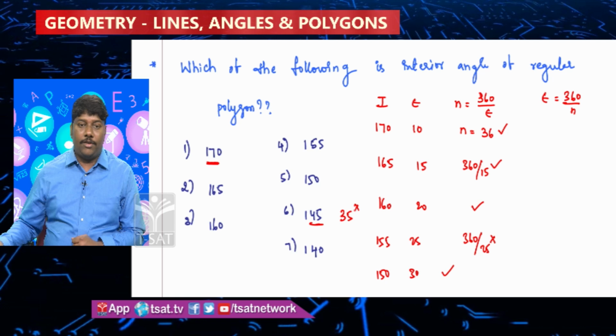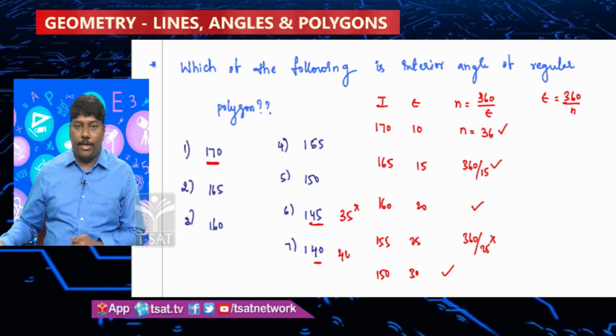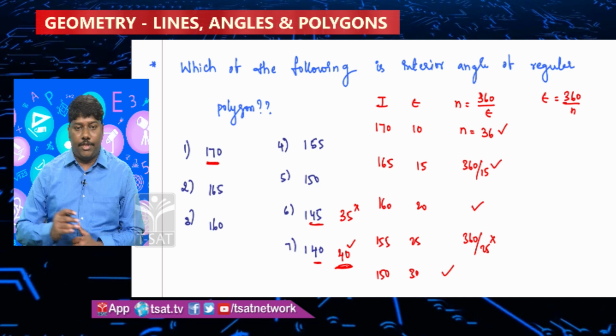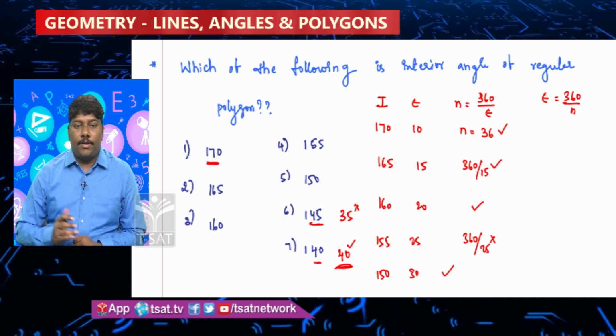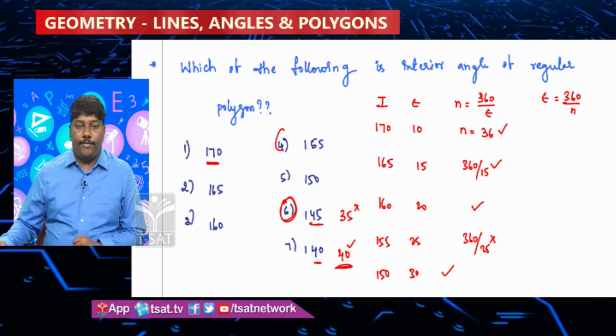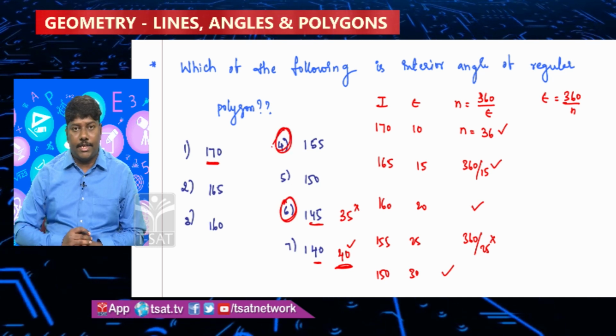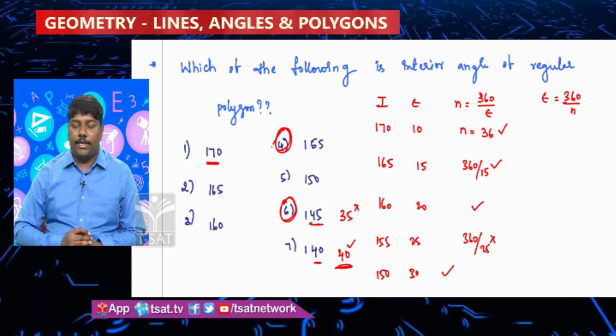You cannot accept because 360 is not divisible by 35. 140 means it is 40. We can accept it. So what are not interior angles of a polygon? I can say 155 is not an interior angle, and 145 is not an interior angle, because exterior angles cannot be 25 and 35. That is the reason these are not interior angles.